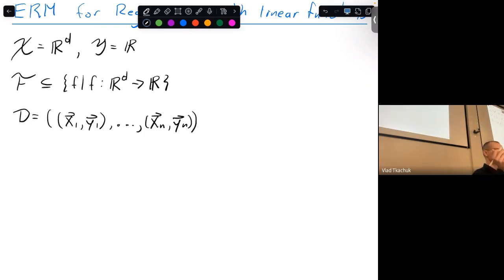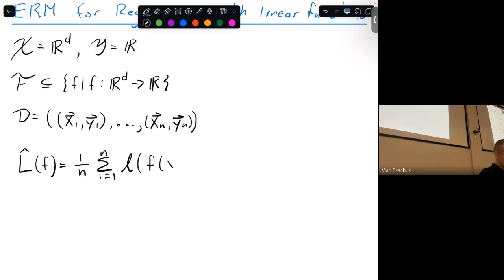And here is the function we're trying to minimize in ERM. This is what we came to last class. We have L hat of f for a particular predictor, equal to 1 over n, the sample mean, of the sum from i equals 1 to n of the loss function. We need to choose a loss function of that predictor f at xi compared to yi.